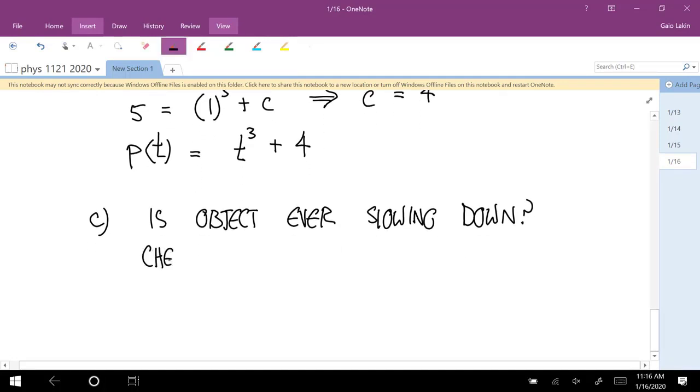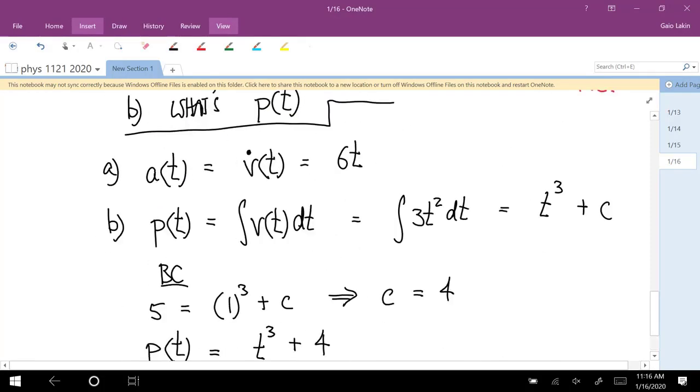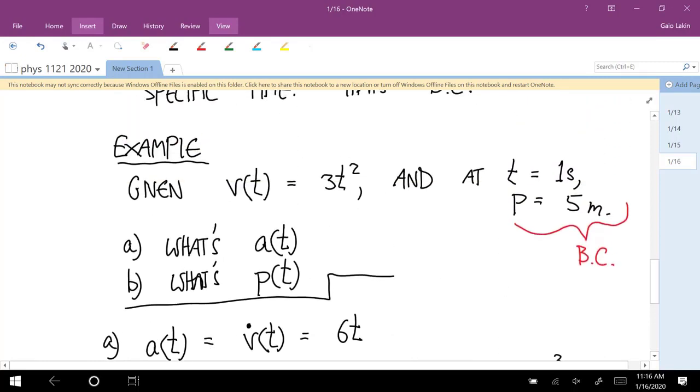So we want to check the signs of v and a. Is velocity ever negative? That can't be, even if time were negative, because time is squared.